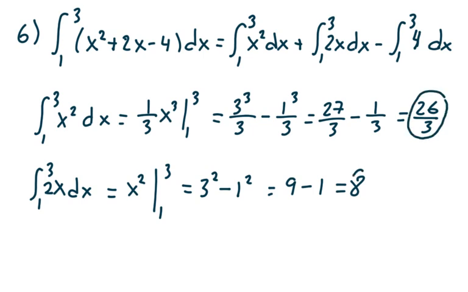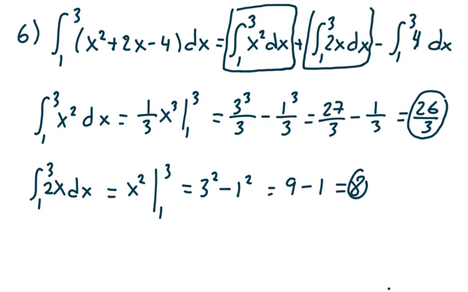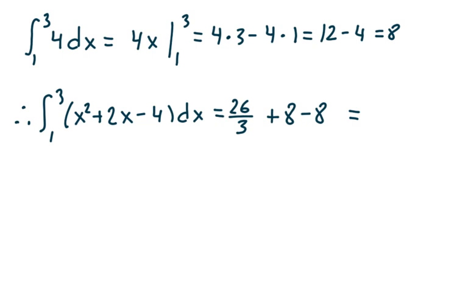I'm adding the second number, right? Because remember, the integral from 1 to 3 of x squared dx, that represents a number. I'm adding the second number, and then I'm subtracting the third number. Okay, you're supposed to get numbers back. Okay. And so that's what I did here.